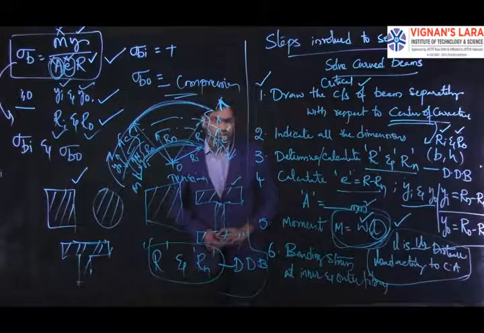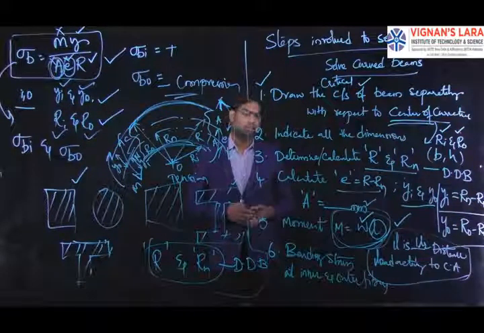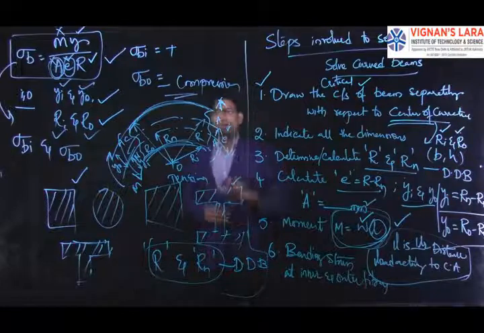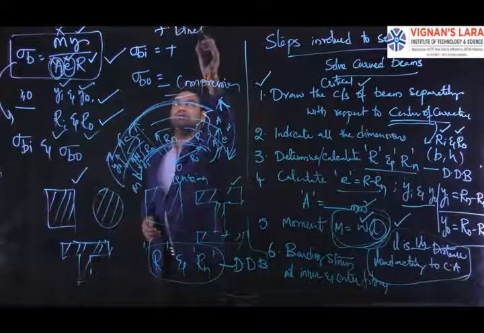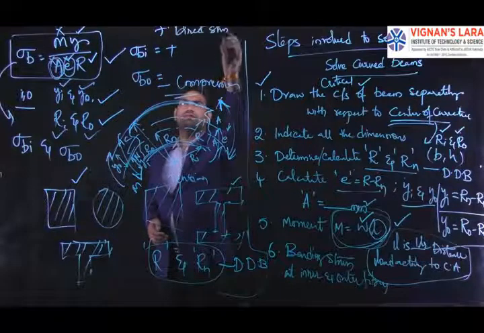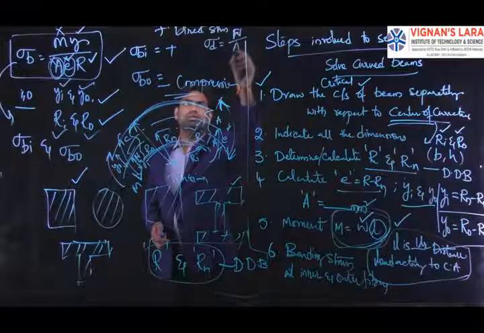In some cases, if the section is subjected to axial stress, we also find the direct stress in step number 6, denoted by sigma d. We get W by A, load by area.